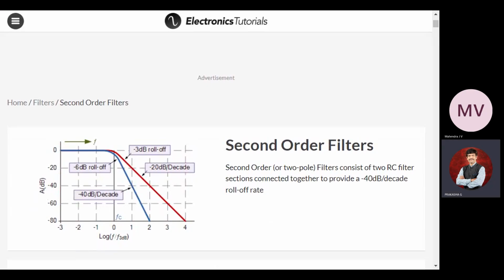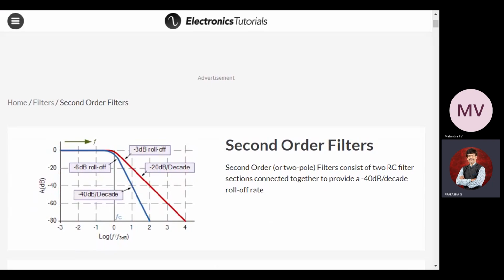The actual input Vi, with the frequency passing through the RC circuit, experiences some drop or change in voltage. So the actual input Vi is changed to V1. I am talking about the first order low pass Butterworth filter.